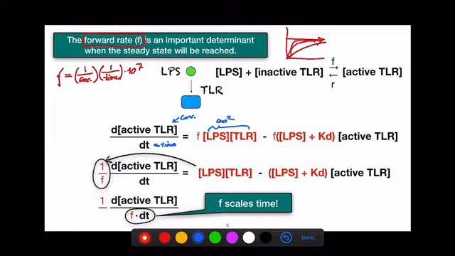And because Kd is concentration, here we have concentration squared on off rate as well. If you put this example, you can see that concentration will be cancelled out. So concentration squared becomes concentration. And you're dividing by time.